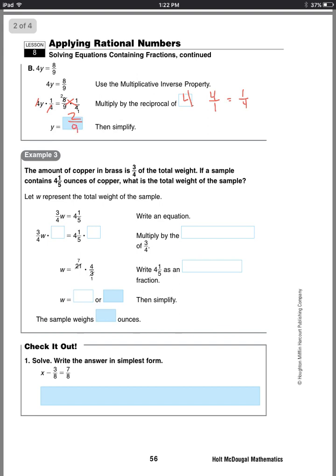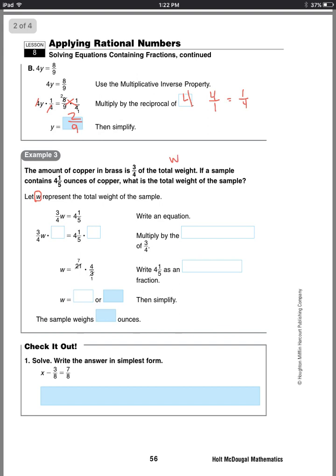The amount of copper and brass is 3/4 of the total weight. If a sample contains 4 1/5 ounces of copper, what is the total weight of the sample? Okay, so we're going to write an equation letting W represent the total weight of the sample. We don't know what the total weight is, but it said we're going to let W represent that.